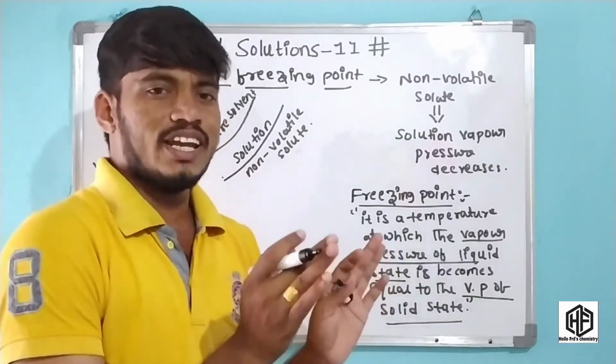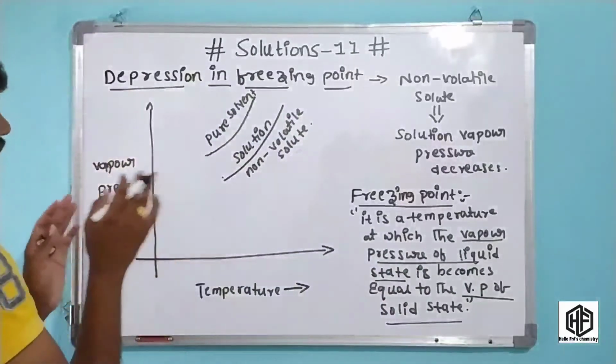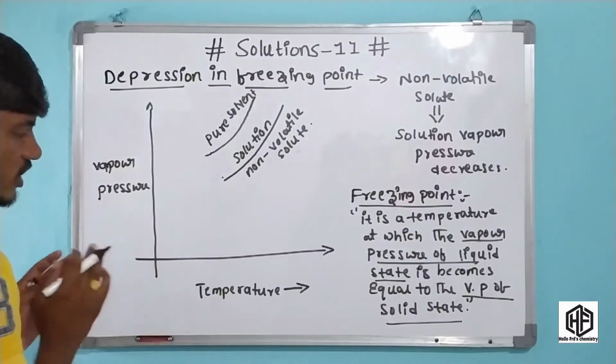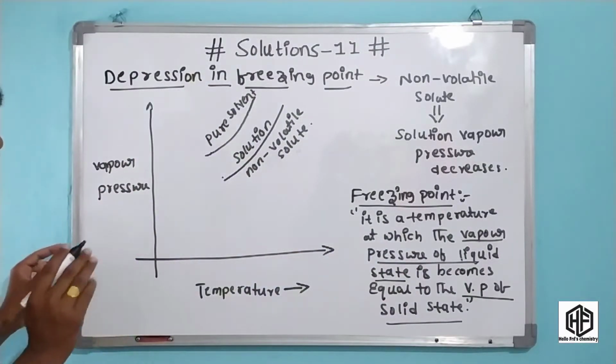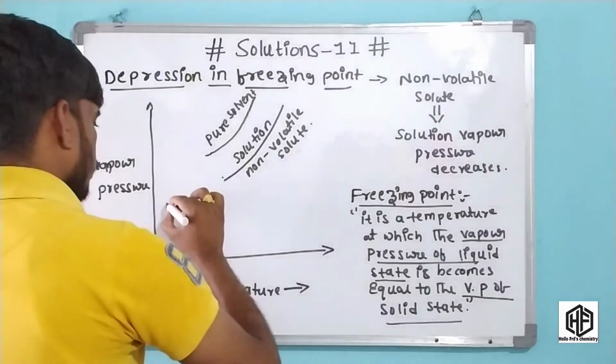Now we have to consider a solid solvent. The solid solvent graph representation of vapor pressure versus temperature is like this.